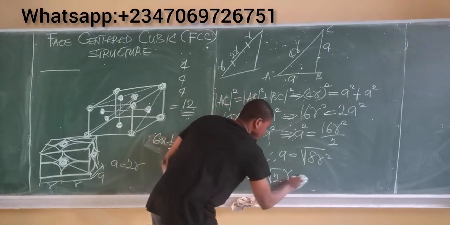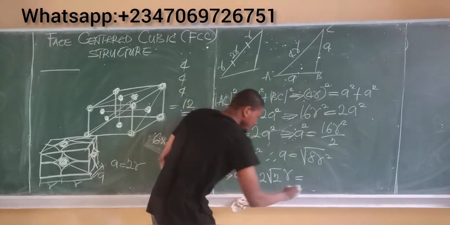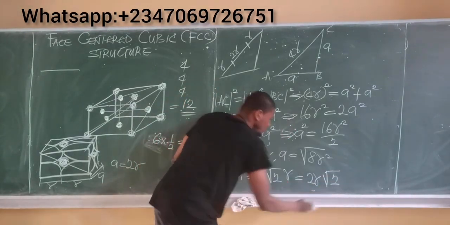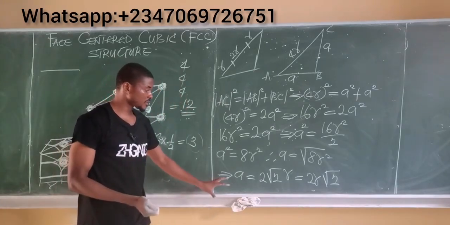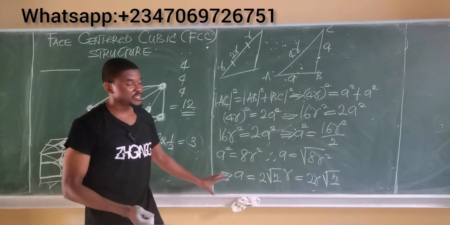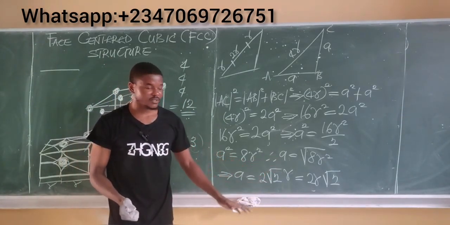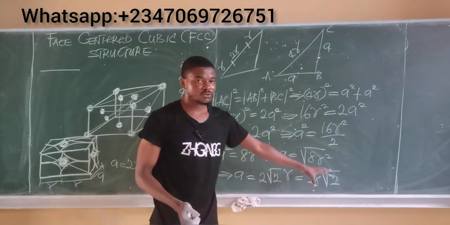So, in order to avoid an error here, it is fair to say 2r root 2. So this becomes the value of A. This is now the relationship between the lattice parameter and the radius of the atom itself. So A is simply equal to 2r times root 2.